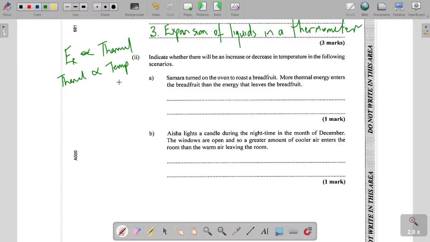So an increase in the movement of the particles will cause us to have more thermal energy, and if there's more thermal energy, that means we will have an increase in temperature. So for this one, we can say that there will be an increase in temperature.